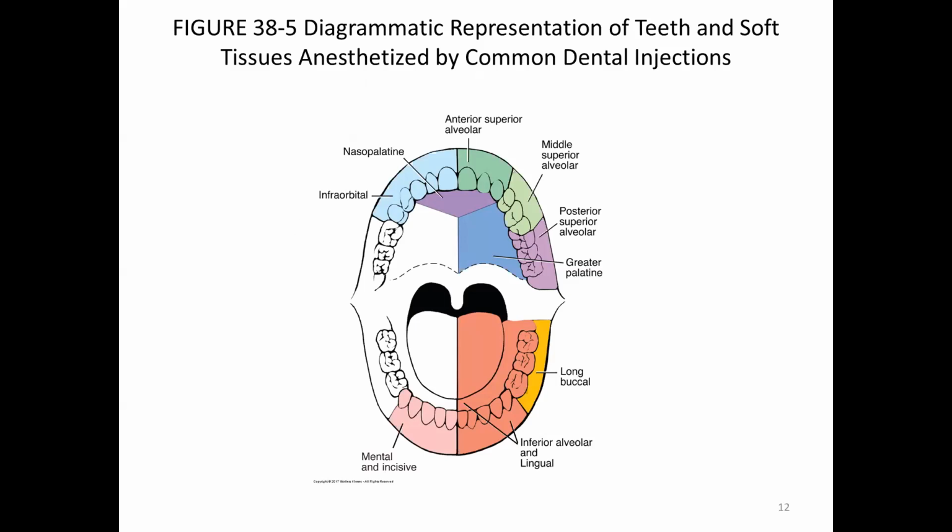The ASA, anterior superior alveolar. The MSA, middle superior alveolar. PSA, posterior superior alveolar. So you can see that the names are just like you learned them, but you'll be getting more into this a little bit, okay?